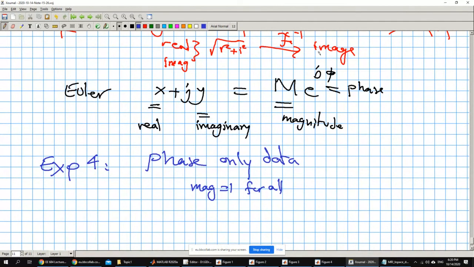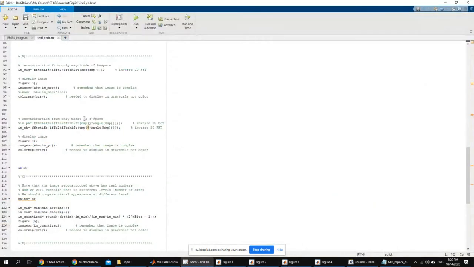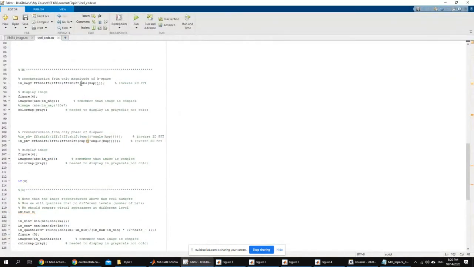Okay. Another way to do that is just take the k space and divide it by the magnitude. So basically, I will take the part here where I computed the magnitude, and instead of doing this complicated method, I'm just going to have k space dot divide, element-wise division here.